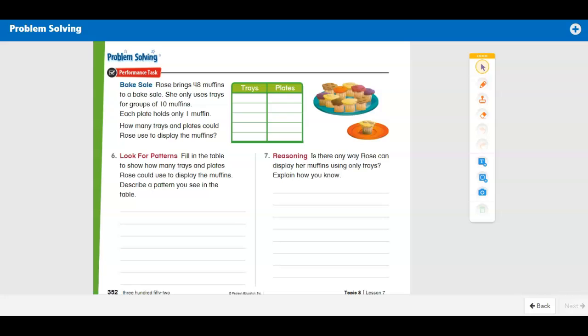For number 6, it says, look for patterns. Fill in the table to show how many trays and plates Rose could use to display the muffins. Describe a pattern you see in the table.